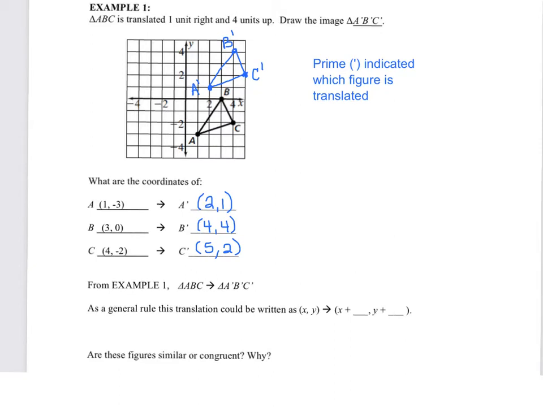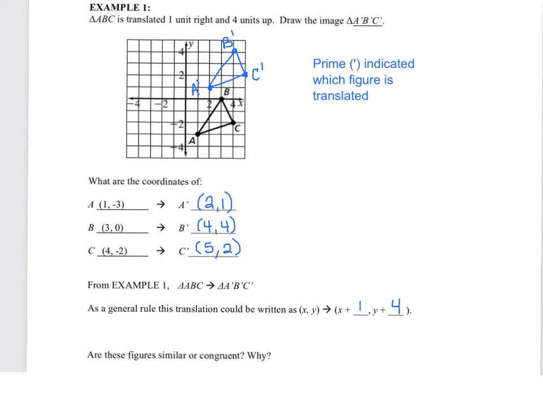As a general rule, this translation could be written with your X increased by 1 and your Y increased by 4. Now, what do you notice in our directions? If you go back up to our directions, we went to the right 1 and we went up 4.